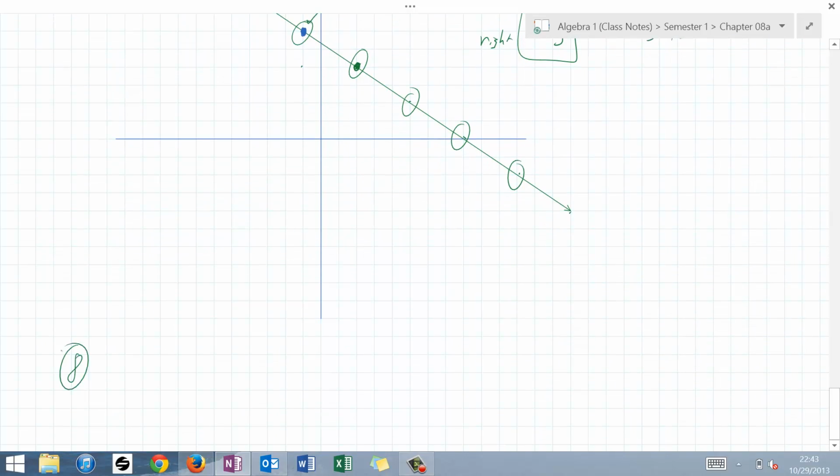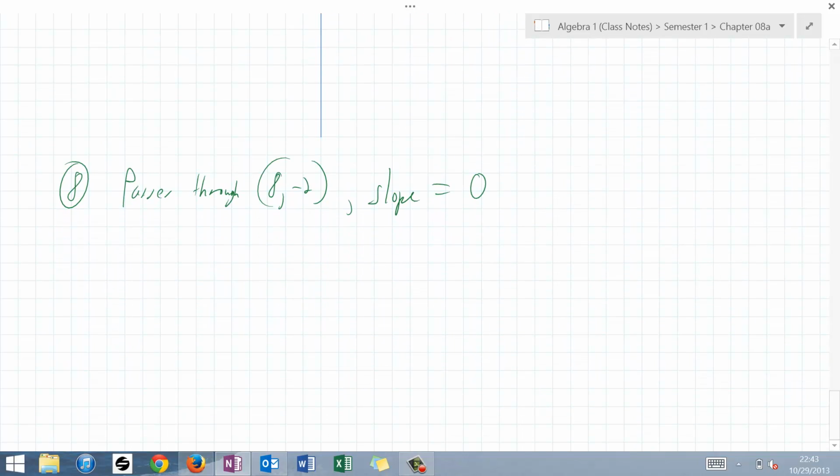We're going to do one more, same idea. I'm going to graph a line that passes through (8, -2), and we're going to do a slope of 0.